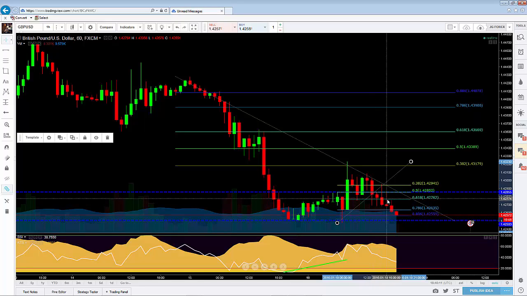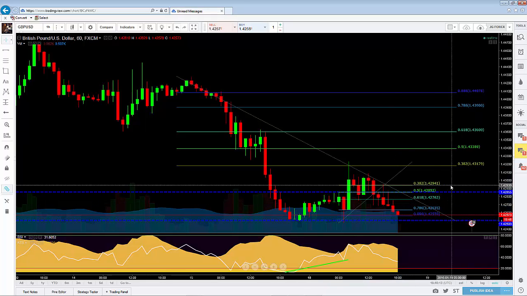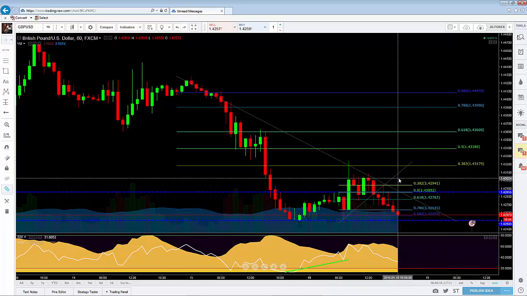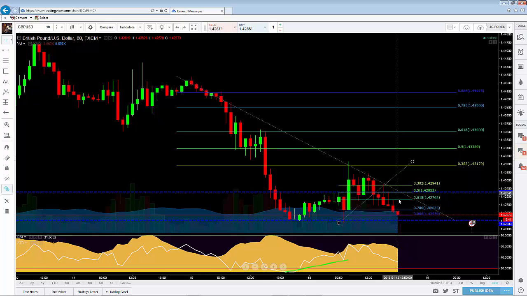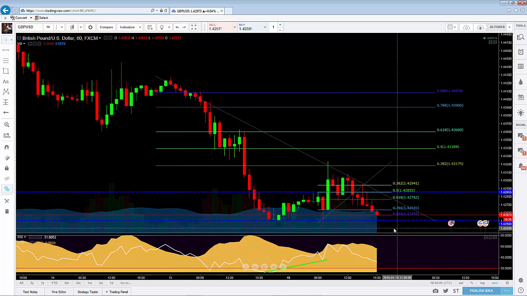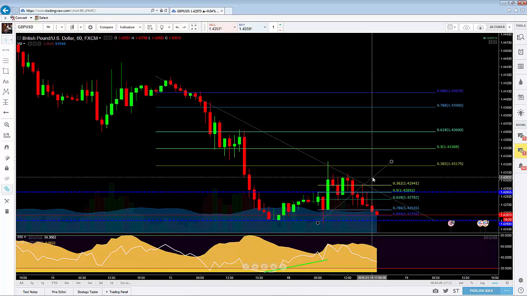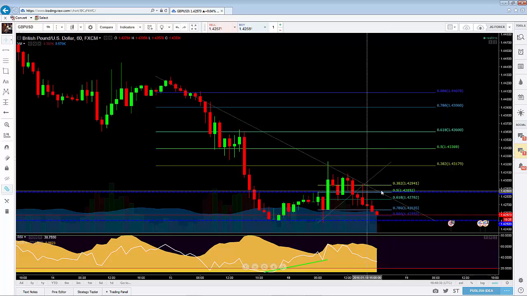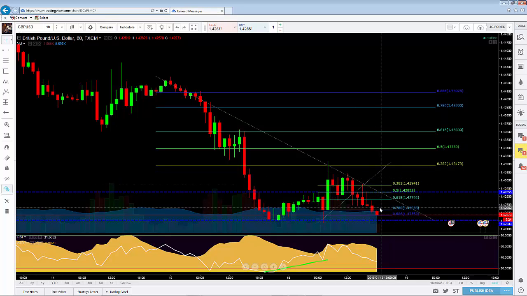So you'd be involved in that trade, and you'd be looking for targets at previous structure highs. Now the problem with that is it's not going to offer you a good risk reward ratio, because your stops would need to go below the lows down here, and then your targets, or target ones at least, are at previous structure highs. So that's not going to offer you a good risk reward.